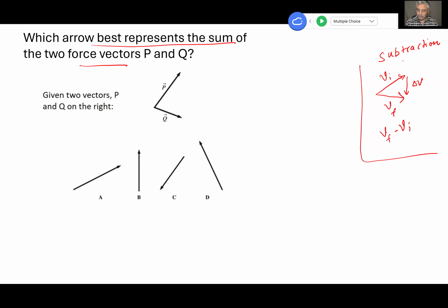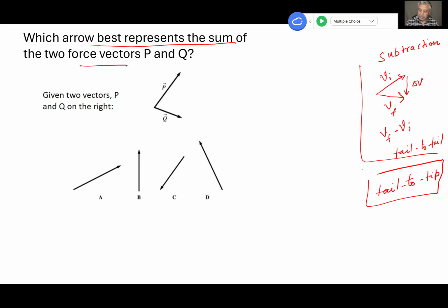So we learned, so we call this tail to tail, and then tip to tip. But for adding, what do we do? Tail to tip or head.